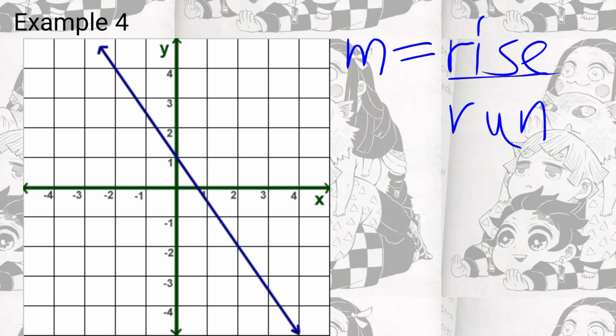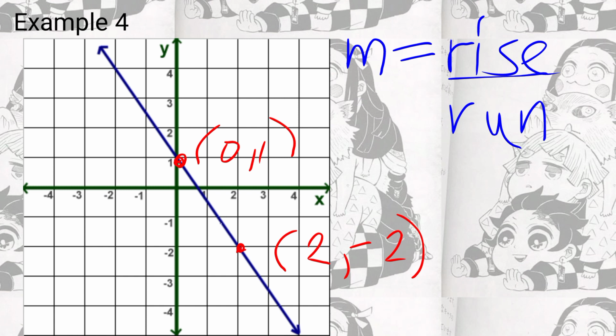Doon, kung makikita ninyo, tinamaan niya ang y-intercept na (0, 1). At pwede tayong humanap pa ng isa pang point. Gumamit tayo dito, since yung coordinates na yan ay (positive 2, negative 2). Sakto kasi siya.